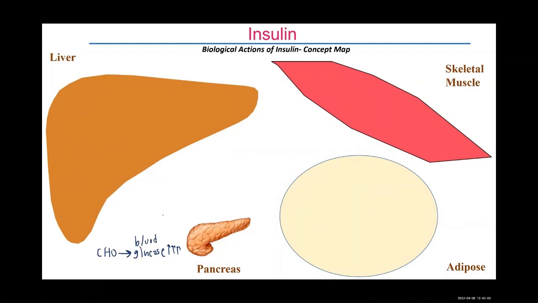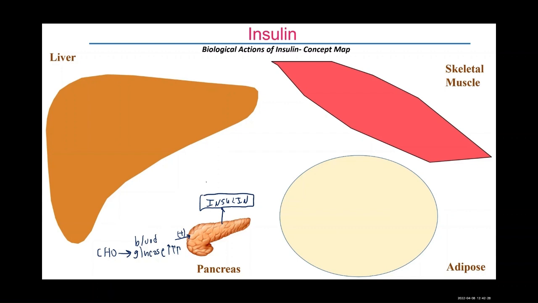Okay, and then once the glucose rises in your blood, it's going to stimulate those beta cells in your liver to release insulin. Okay, and then of course with insulin, this is what's going to be very important.